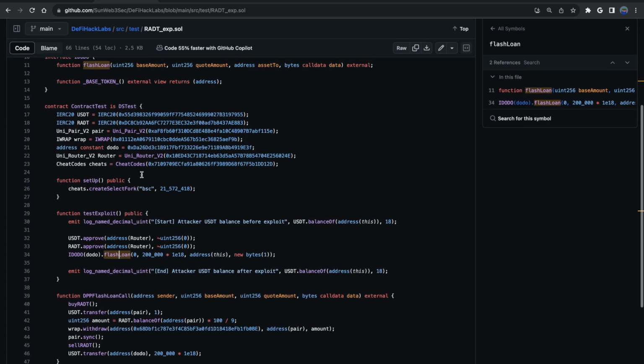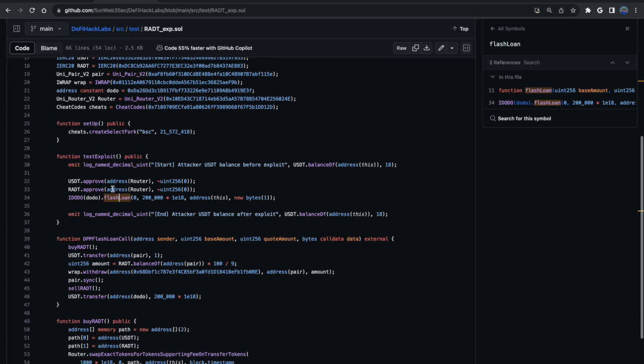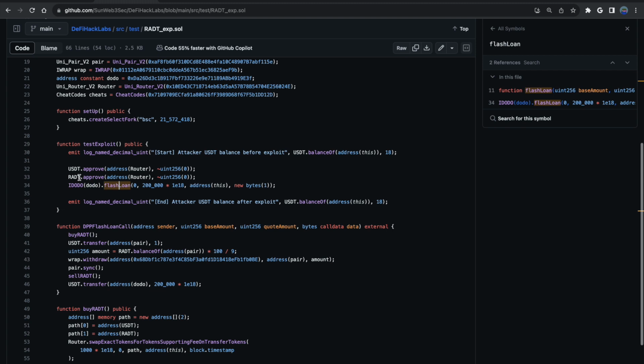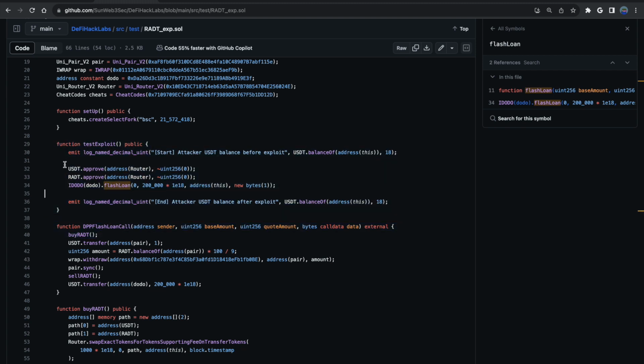Essentially, this contract was vulnerable to a front-running attack and then also a price Oracle manipulation. So you can see where you can't really simulate the actual front-running, but these are the transactions that were called that front-ran. I believe the original developers of RADT.